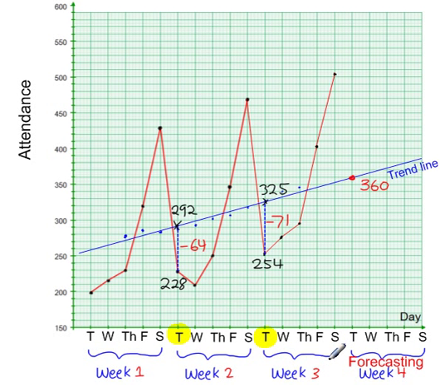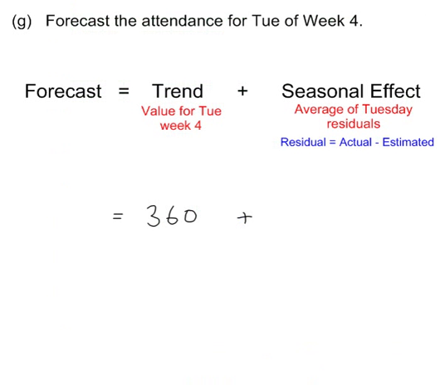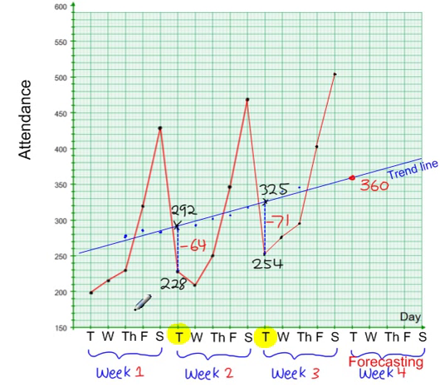So now we need the average of these two residuals, the average of the Tuesday residuals. If we add up these two values, there's two of them, so we're going to divide by 2. So minus 64 add minus 71, divided by 2.